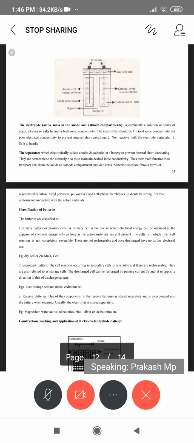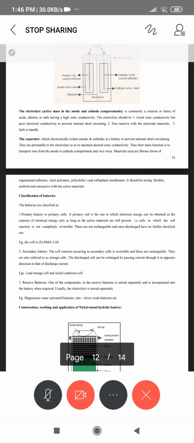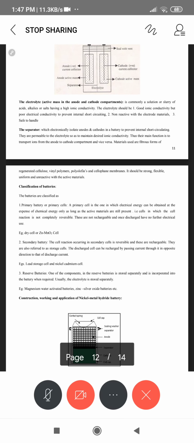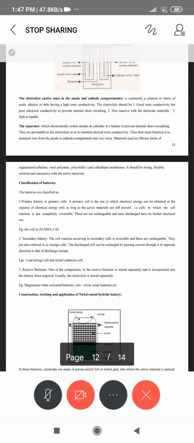Using them as separators can reduce the space, and they do the work of a salt bridge, like a selectively permeable type. So we use separators.